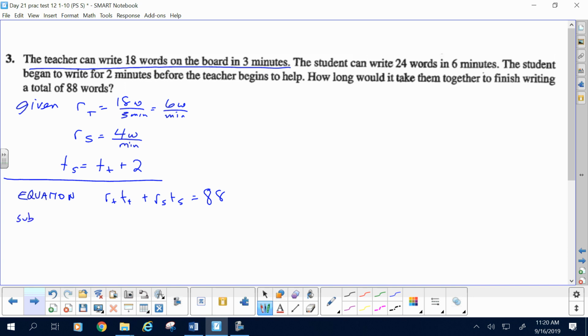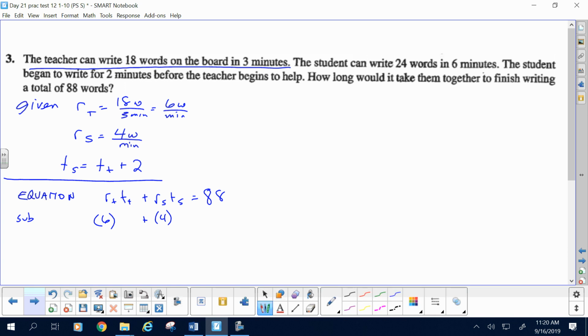I think you all agree that you're not going to be able to solve one equation with 4 unknowns. So you want to get it down to one equation, 1 unknown by substitution. For the rates, we can use 6 and 4. If you want to put the units on, you can, but I don't require it. For the times, they're different times. We would like to substitute so they're the same time. So what do I put in for what?